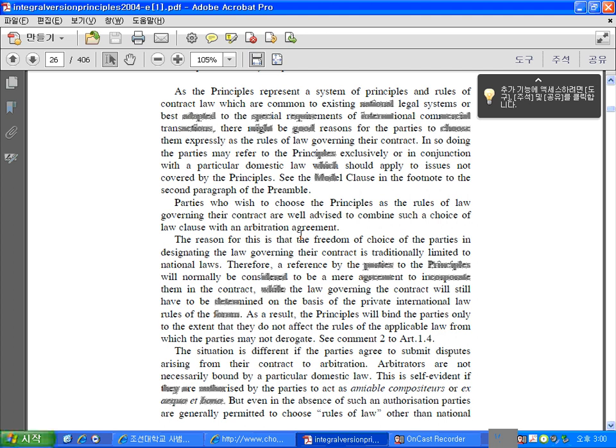As a result, the principles will bind the parties only to the extent that they do not affect the rules of applicable law from which the parties may not derogate. So the context remains the same as in the case above. So the principles could not derogate from the public policy of each nation.